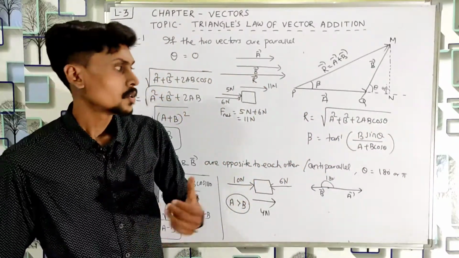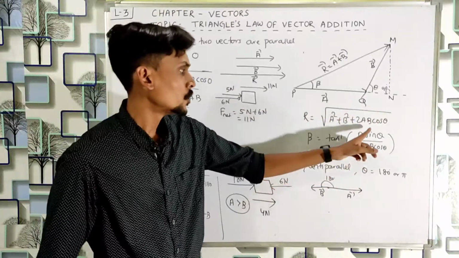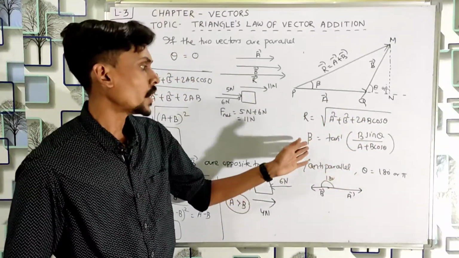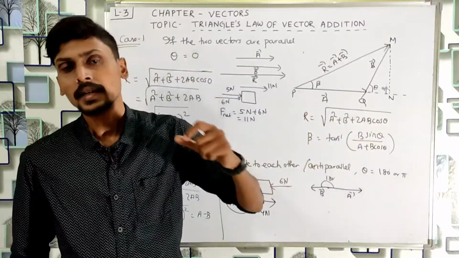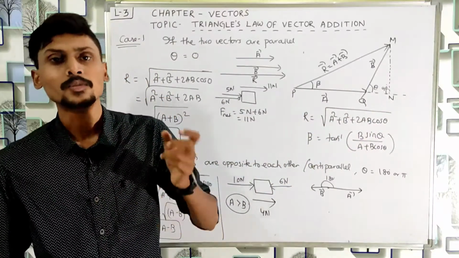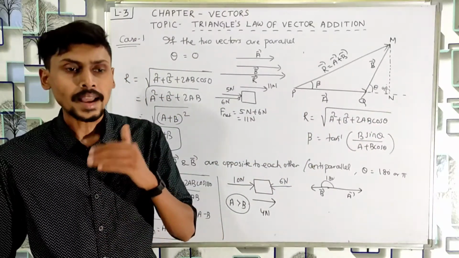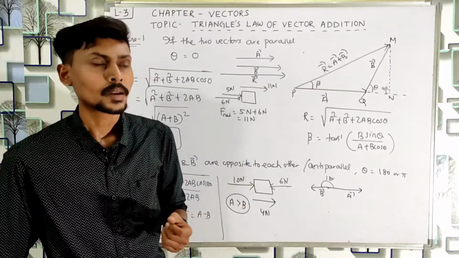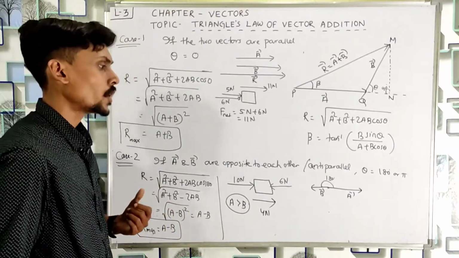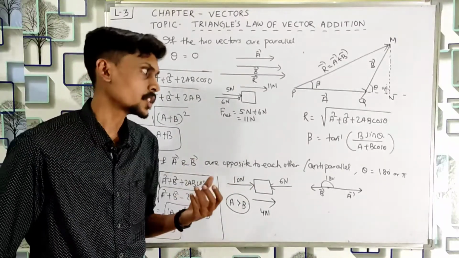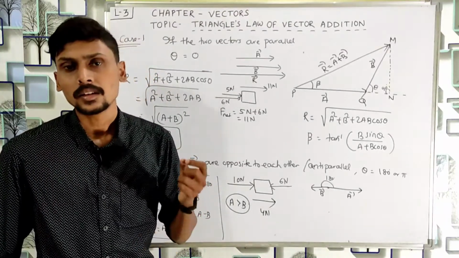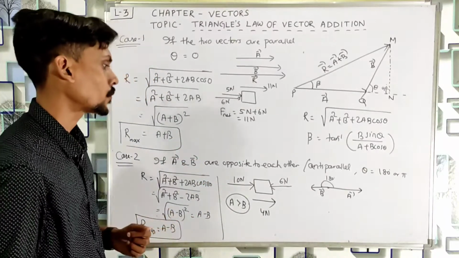Sine 0 is 0, so b into 0 will be 0, and 0 by something is 0. So beta equal to tan inverse 0. Tan inverse 0 is also 0, because we know that tan 0 is equal to 0. So in this way you can find the direction or the angle between the resultant vector and vector A.